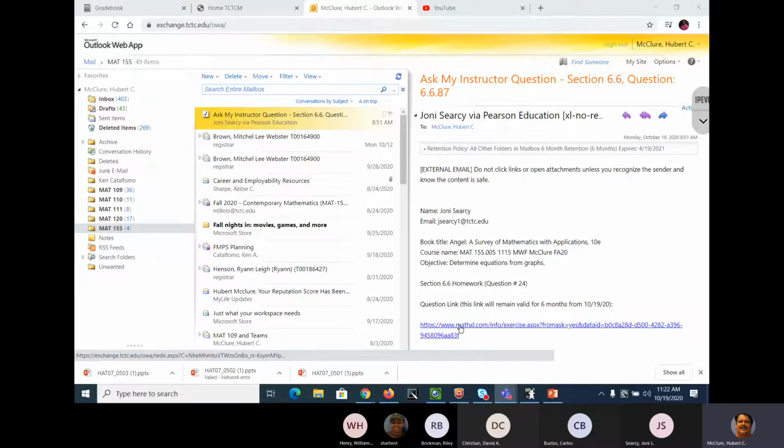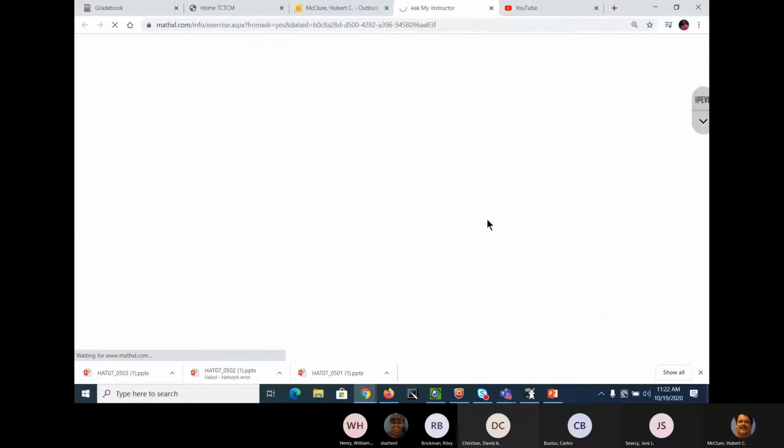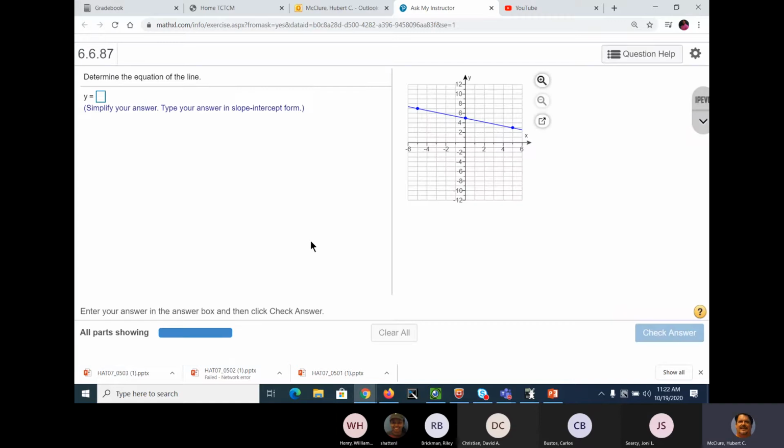6.687/24. Determine the equation of the line.